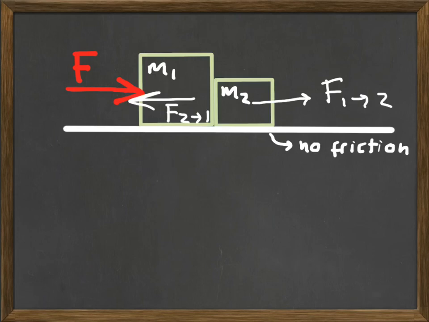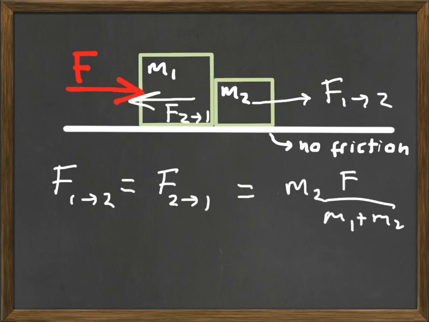So object 1 and object 2 are interacting with each other, they are in contact, they are pushing on each other, but those forces we found to be equal in magnitude. The directions, as you can see, are opposite. By the way, the magnitude of those forces is m2F divided by m1 plus m2.